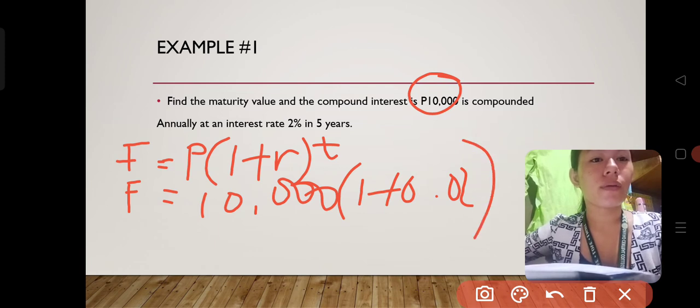Then, the time is 5 years. So, let's put the 5 here.